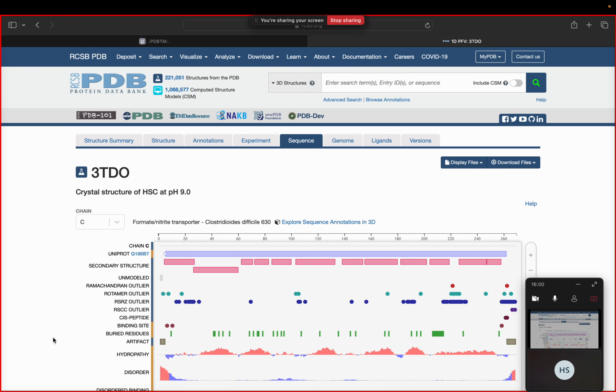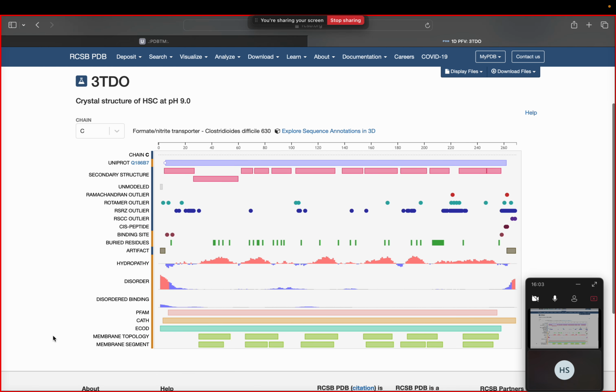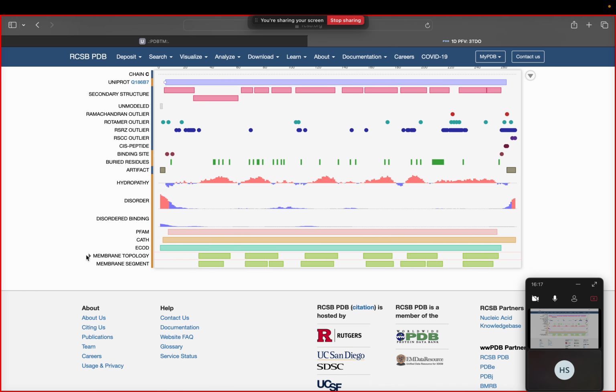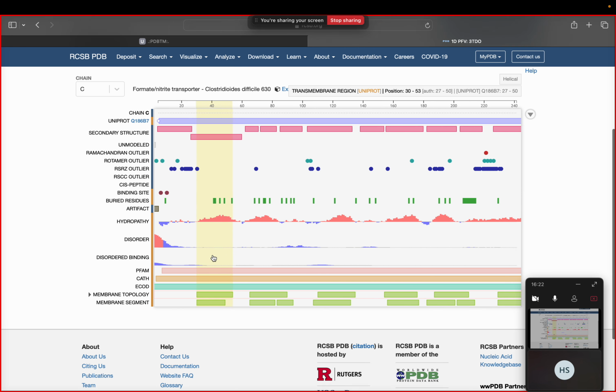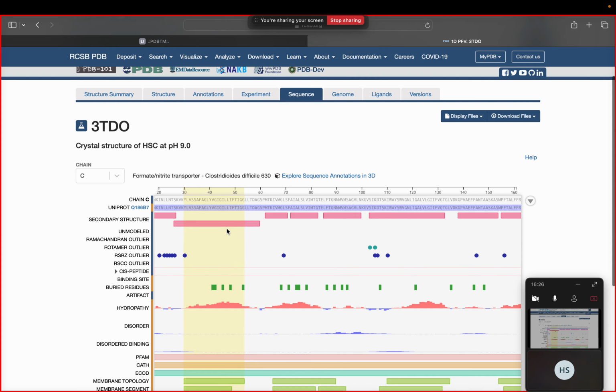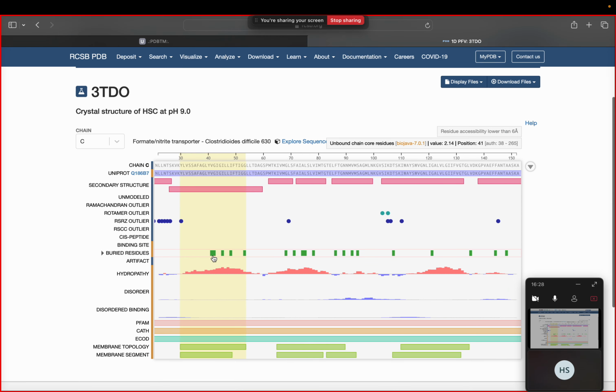So this is the sequence, this much long, and these are the secondary structures. We haven't discussed secondary structures or structures of the protein at the end of the day, but you can see the hydropathy plot of such a section.